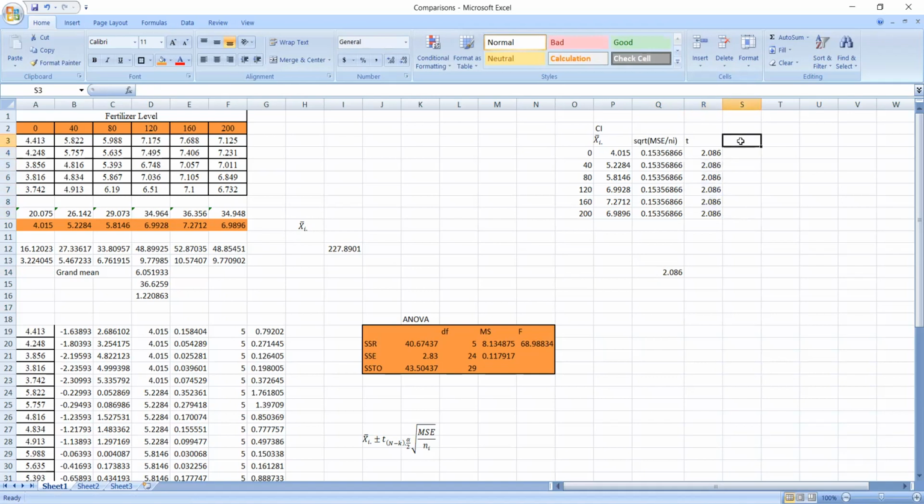Now we can construct the upper bound and the lower bound of the confidence interval for each treatment.